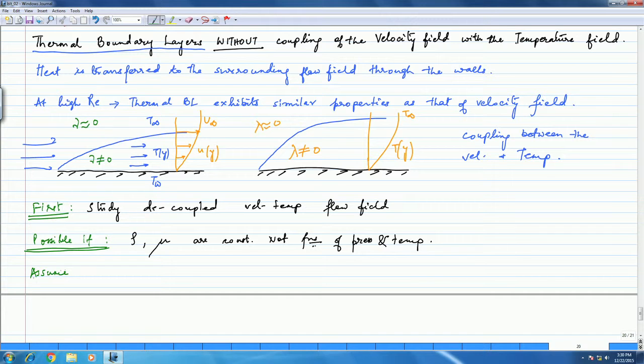For that, what we will assume is that temperature and pressure variations are small.